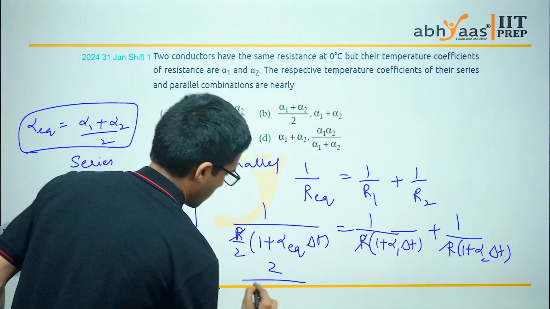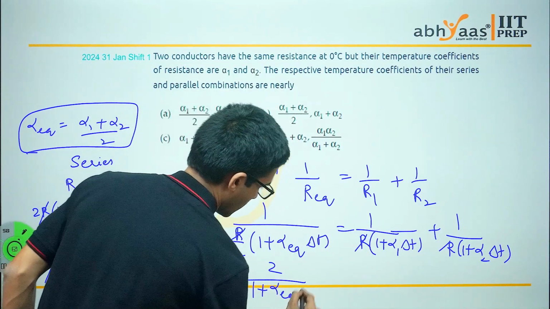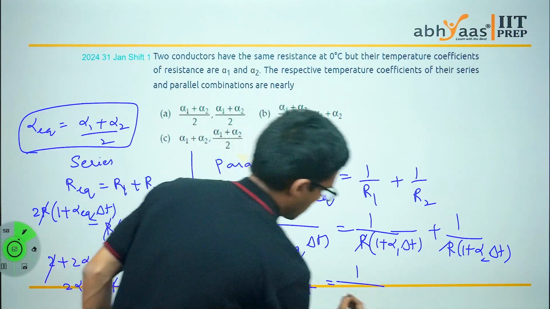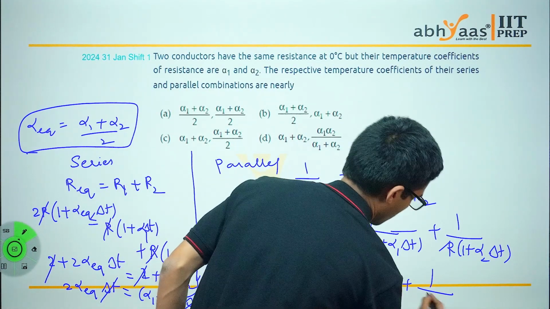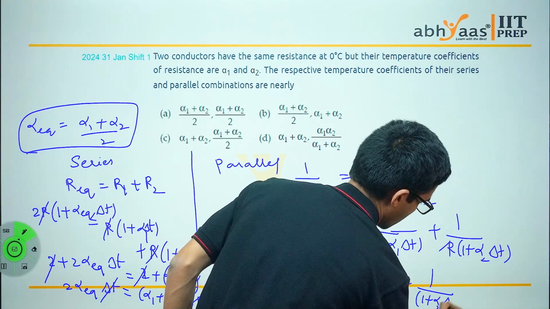Then 2 by 1 plus alpha equivalent delta T is equal to 1 by 1 plus alpha 1 delta T plus 1 by 1 plus alpha 2 delta T.